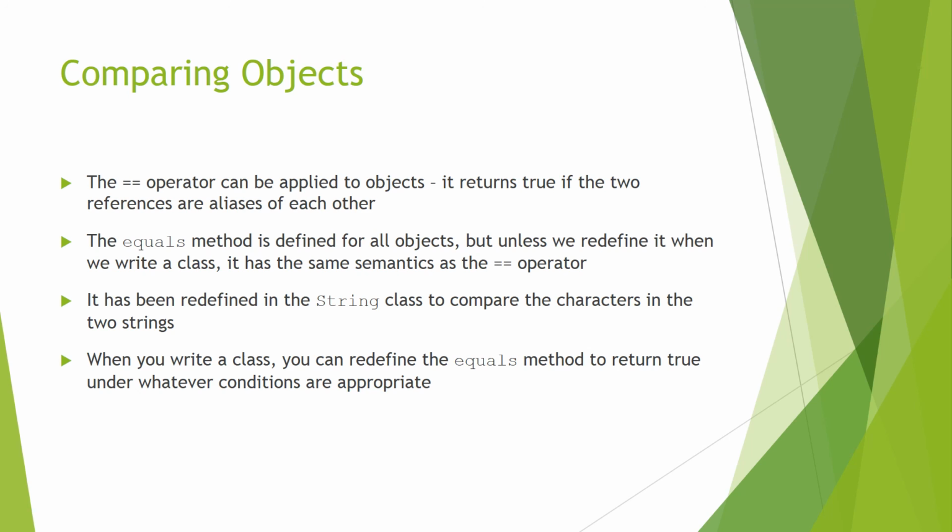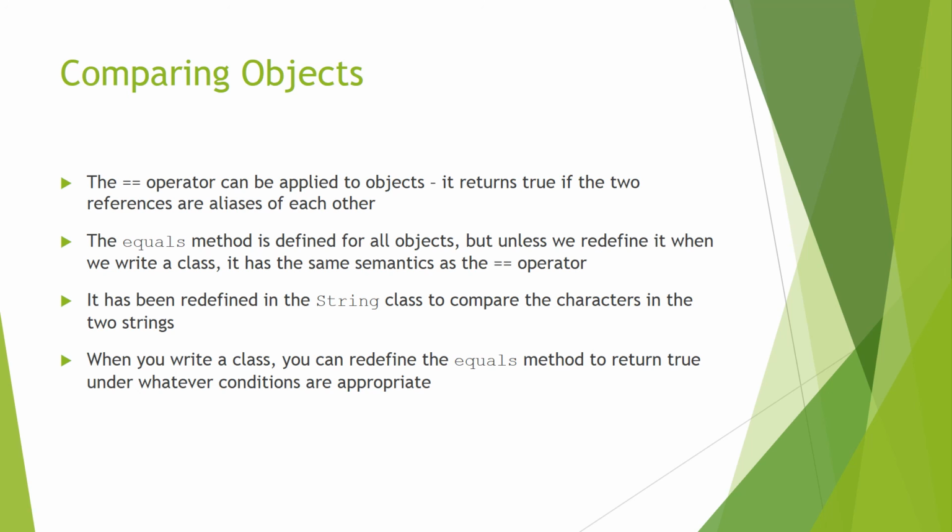Comparing objects. The == operator can be applied to objects. It returns true if the two references are aliases of each other. The equals method is defined for all objects, but unless we redefine it when we write a class, it has the same semantics as the == operator.